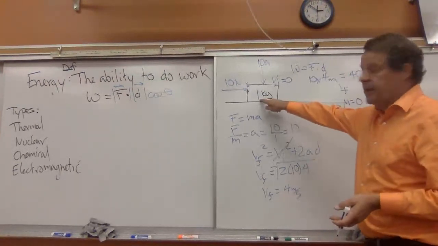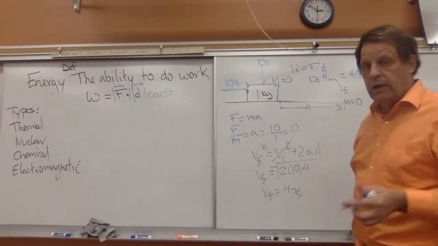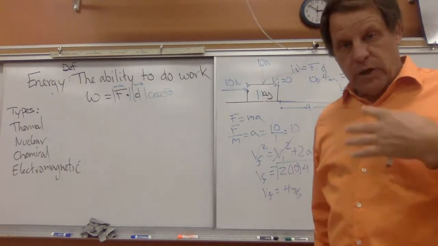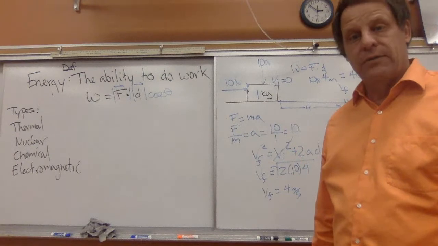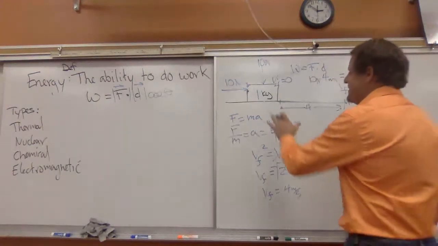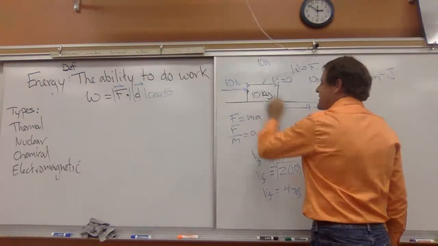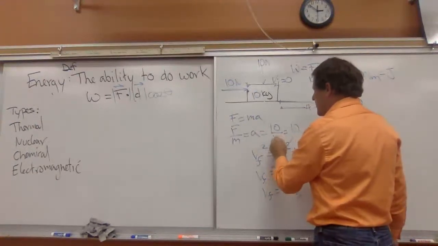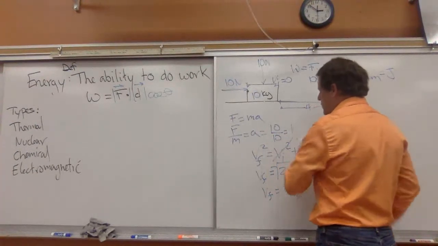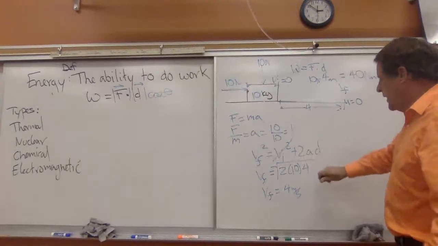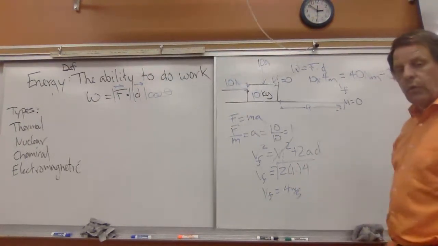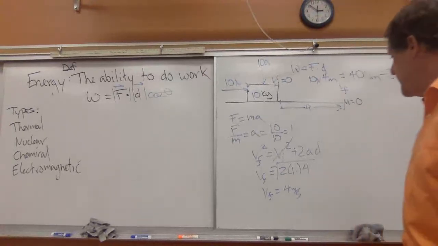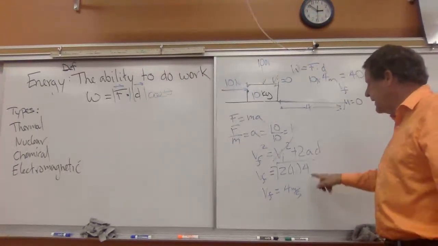So obviously, if we make this 1 kilogram, and we add the same amount of work, it's going to go faster. If we instead change it to 10, now our acceleration is just going to be 1. And now if we put 1 in there, 2 times 1 times 4 is going to be 8.